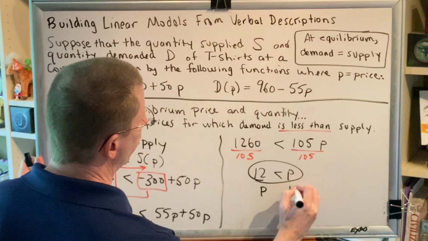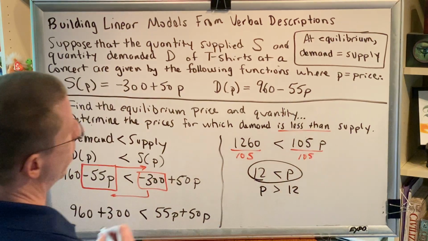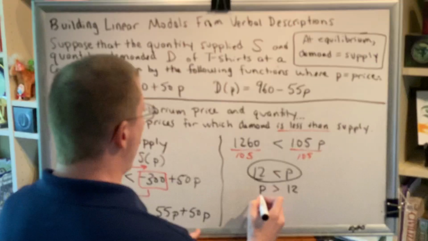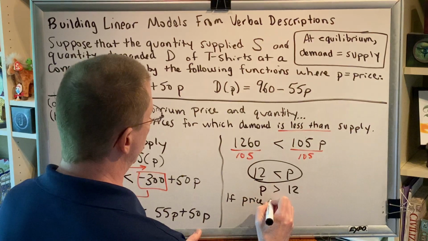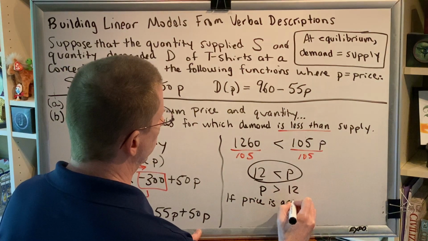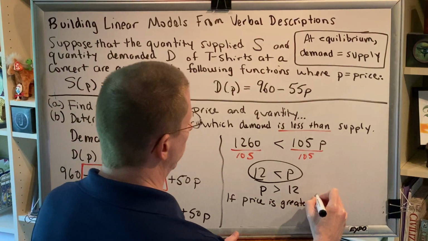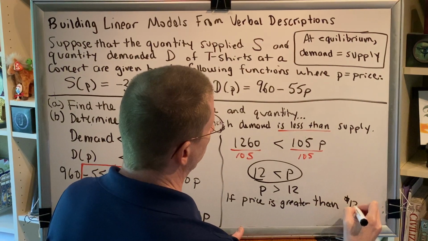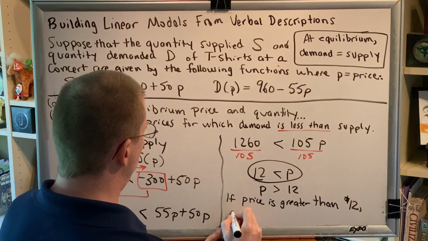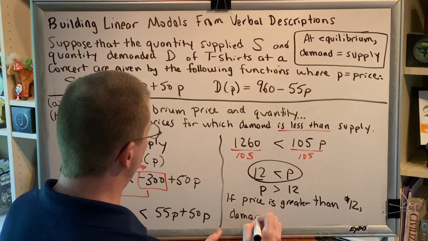So we'll put the p over here, the 12 over here, and write it this way. So what we learn is that if the price is greater than 12, then demand will be less than supply.